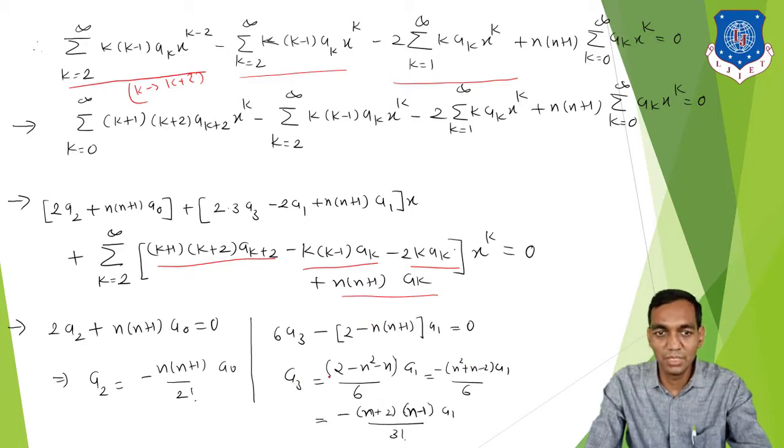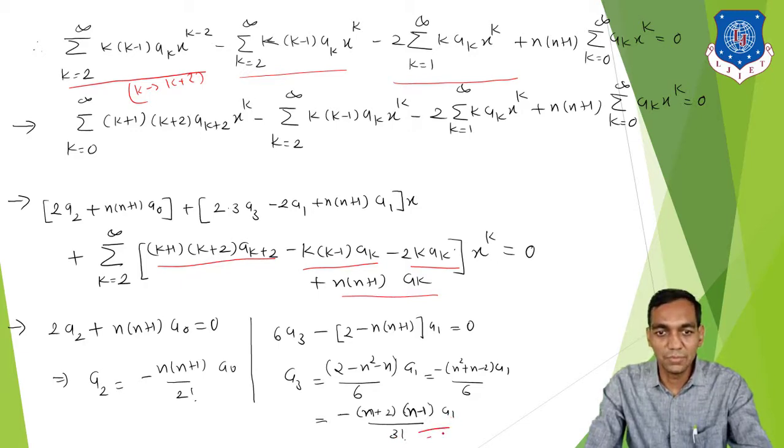That will give you a3 is equal to (2 minus n squared minus n) divided by 6 into a1. Taking minus common, that gives minus (n squared plus n minus 2) divided by 6 a1. If you factorize this, you have factors (n plus 2)(n minus 1) upon 3 factorial a1.